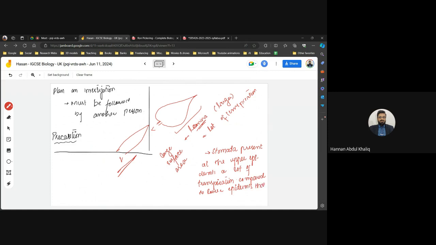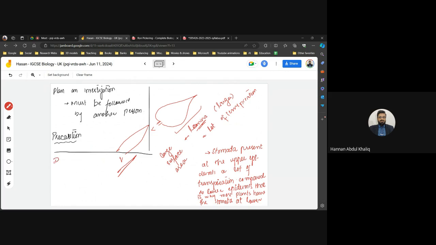That is why most plants have the stomata at the lower surface.